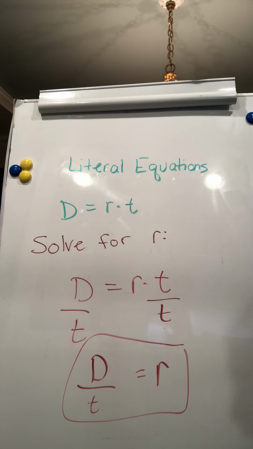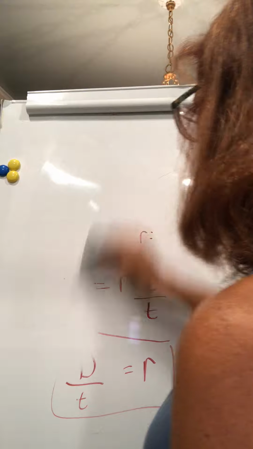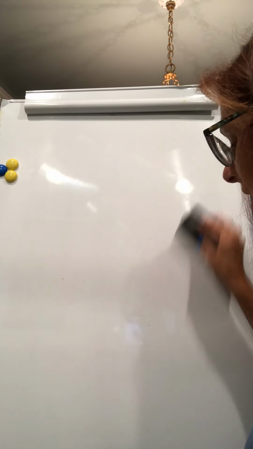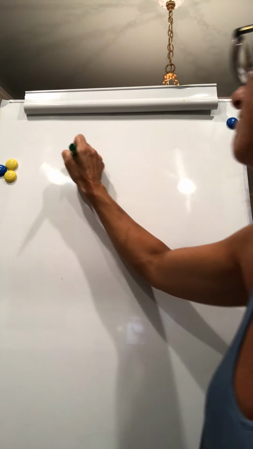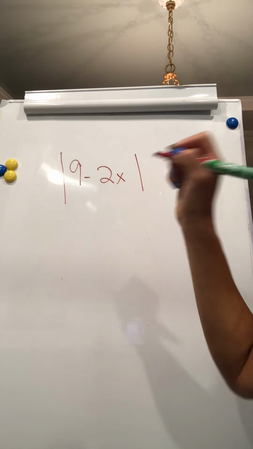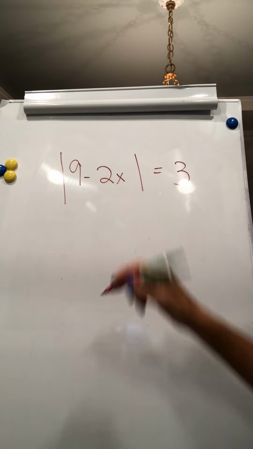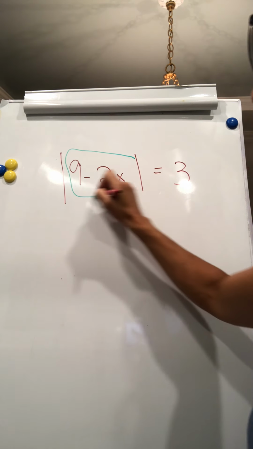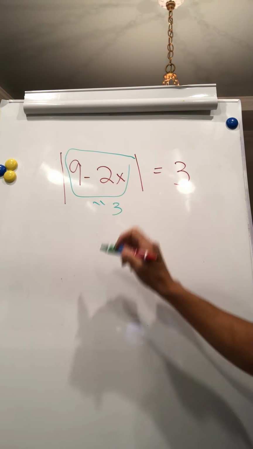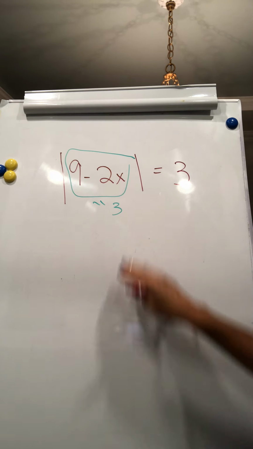A couple of special kinds of equations that I wanted to go over with you are absolute value equations and equations with fractions. So if I have this equation, we know that if this thing inside here equals 3, then the absolute value of that would be 3, and we'd have a correct answer.